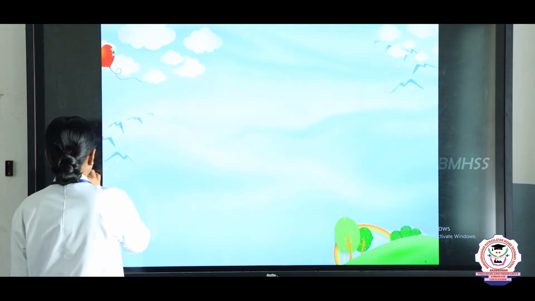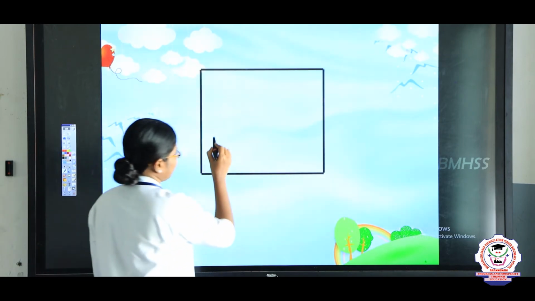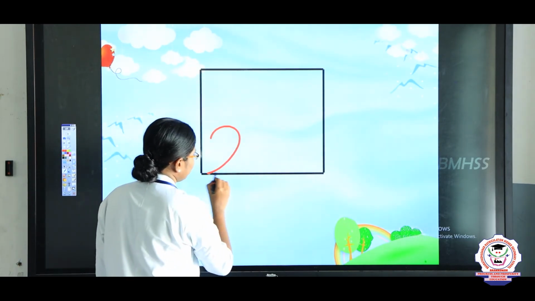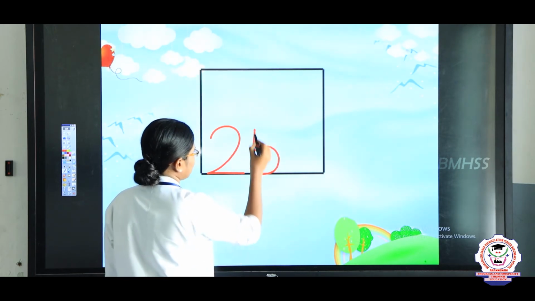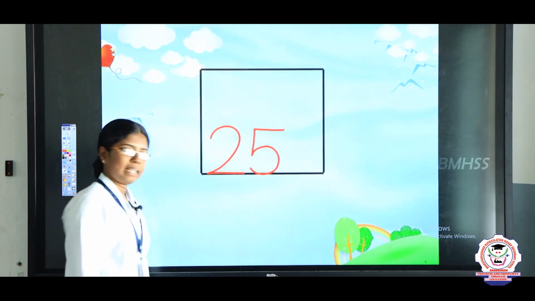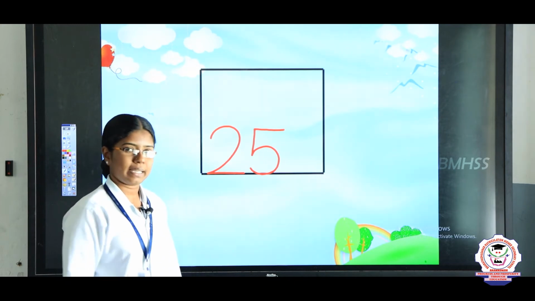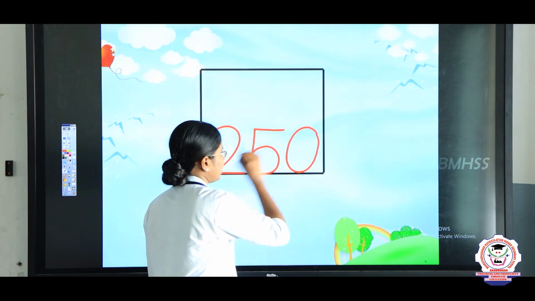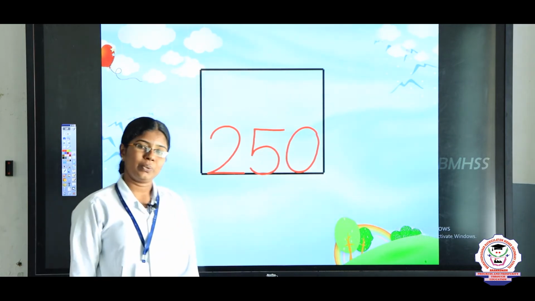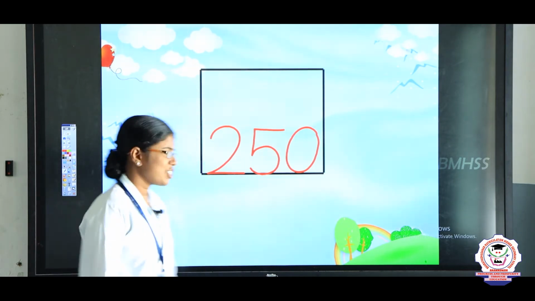Very good. Let's write the number 250. 2, 5. Standing, left open curve, top of the standing line, you should draw a sleeping line, right? 5, 0, 250. Right children? Very good.